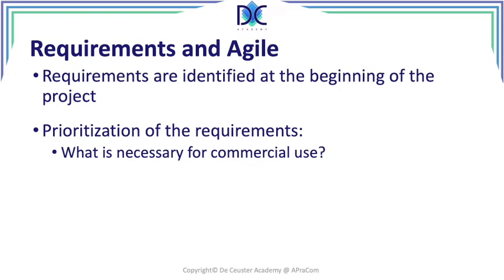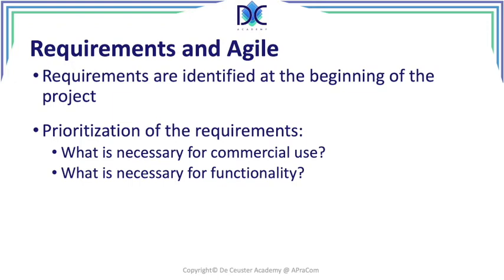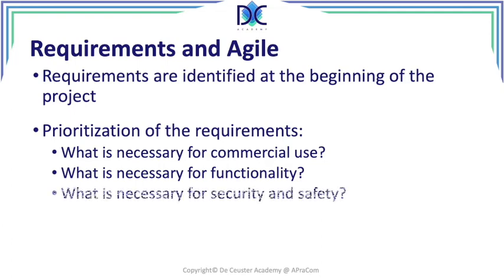We're prioritizing so that we can use the elements very quickly. What is necessary for functionality? We want to have something that is working after a short period, after a sprint, or after 1 or 2 or 3 weeks. We want to have something that has functionality. So we have to identify what items we have to complete to guarantee the functionality.